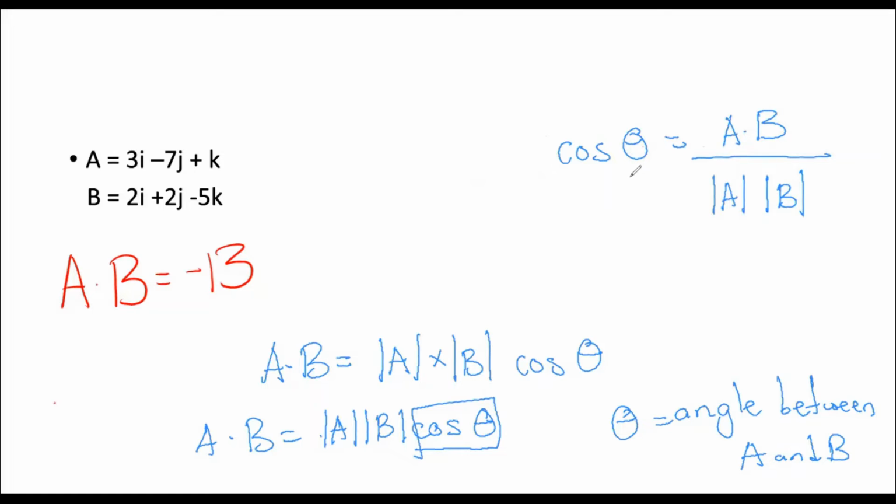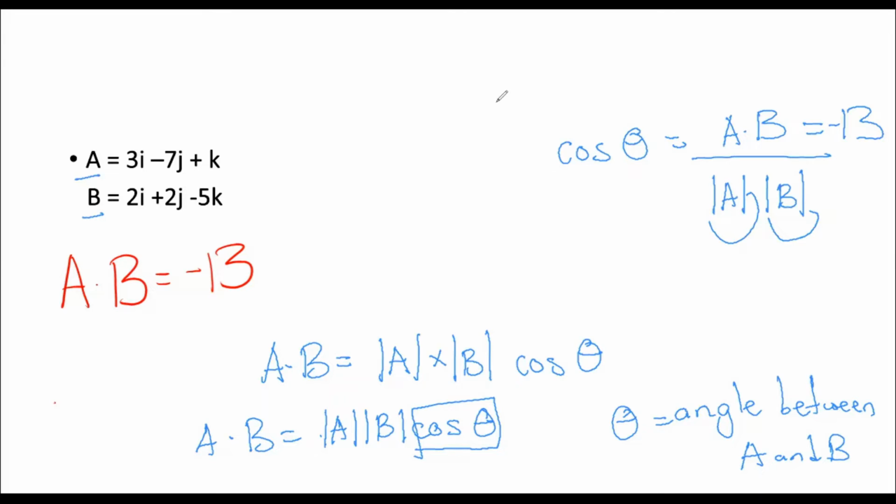Now we know that A dot B is equal to minus 13. So we need to find the magnitude of A and the magnitude of B. So let's start with A.